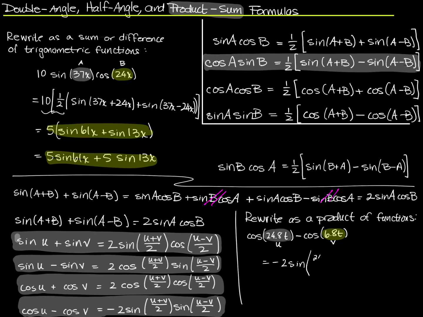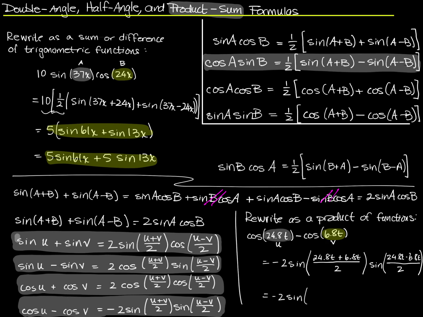That's going to be 24.8t plus 6.8t all over 2 times the sine of the difference of those two, 24.8t minus 6.8t all over 2, which equals negative 2 times the sine of, now the rest is arithmetic and simplification.